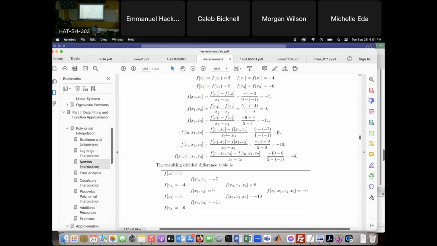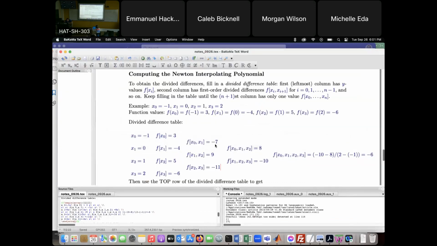As far as the x values are concerned, I'm going to take x2 minus x naught, because these two divided differences have x1 in common. But if you divide by the difference of x values that they don't share, so x2 minus x naught.